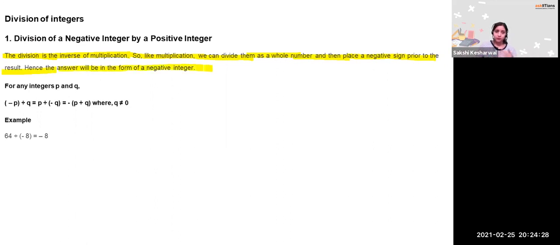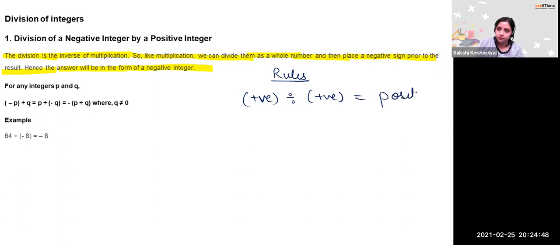So please keep one thing in mind. There's a rule. It's the same as multiplication also. I'll write the rules again for you. Positive divided by positive, your answer is positive, right?